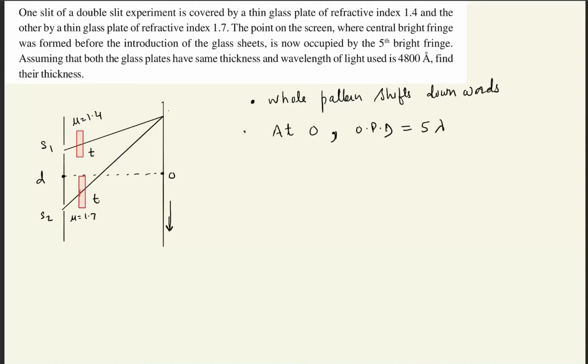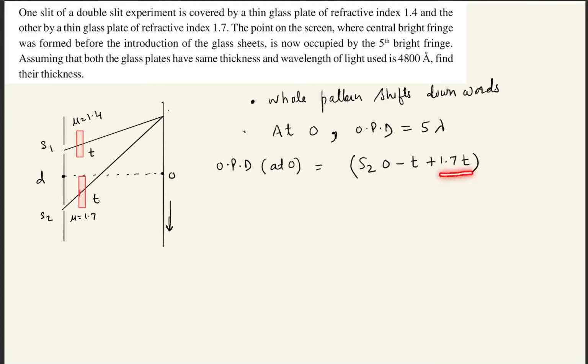Now the optical path difference at O, how can you consider it? The optical path difference at O will be equal to S2O minus T plus 1.7 into T. S2O minus T distance is travelled in air and T is travelled in the medium. And how do we calculate optical path length?